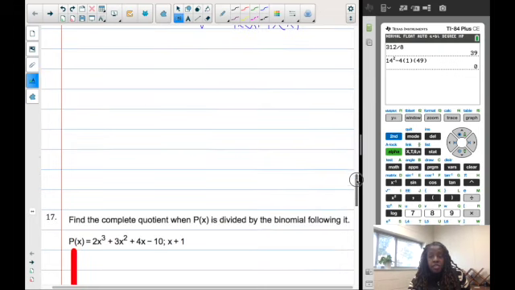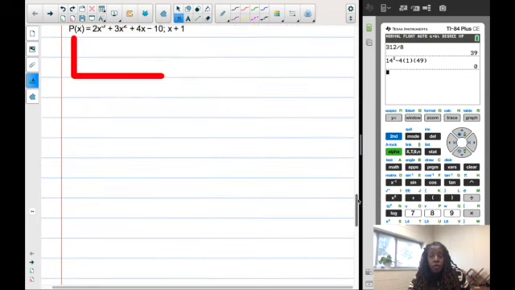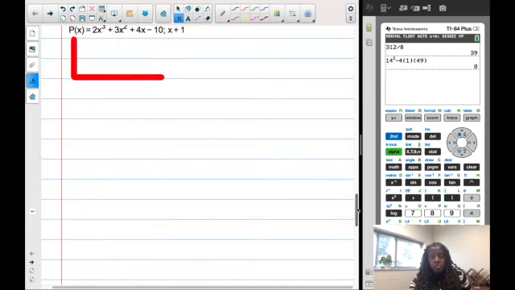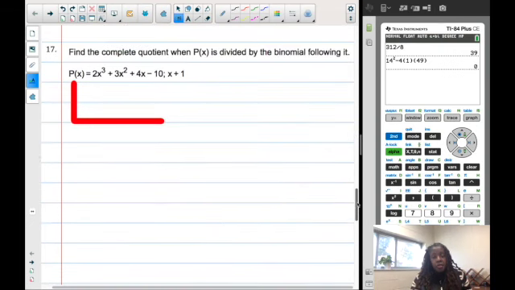All right, 17 takes us into chapter 4, where we start dividing polynomials and trying to figure out roots and all the possible rational roots. So we're going to complete this quotient. Find the complete quotient when p of x is divided by the binomial following it. So we've got this polynomial and we've got this binomial.